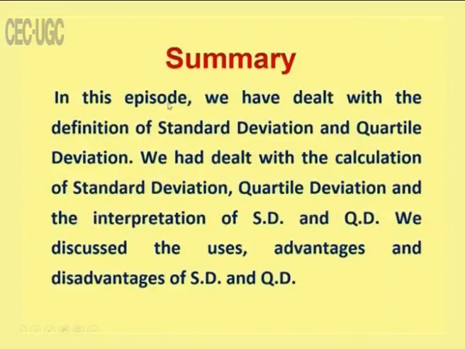Today in this episode we have discussed the definitions of standard deviation and quartile deviation, dealt with their calculation, interpreted them, and discussed their uses, advantages and disadvantages. So, today we discussed two measures of dispersion, the quartile deviation and the standard deviation.